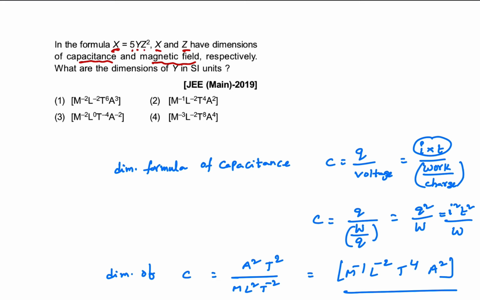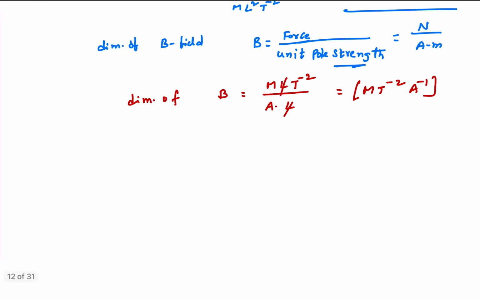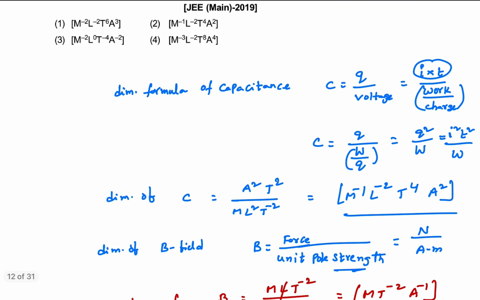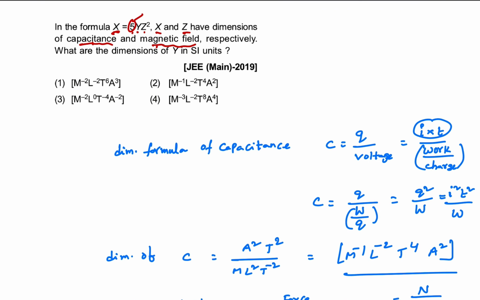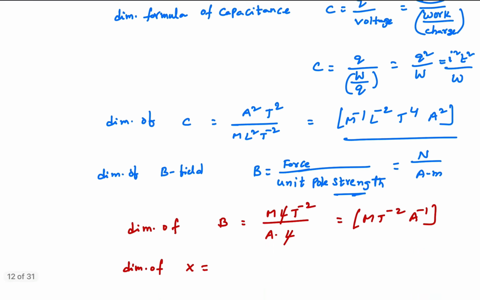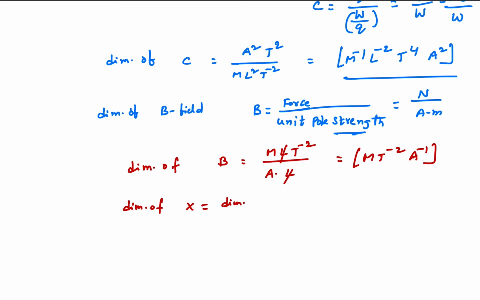You see the question, x is equal to 5yz square. Here x is the dimension of capacitance and z is the magnetic field dimension. We need to calculate the y value. Dimension of x is equal to, as number 5 is dimensionless, the dimension of y into dimension of z square.